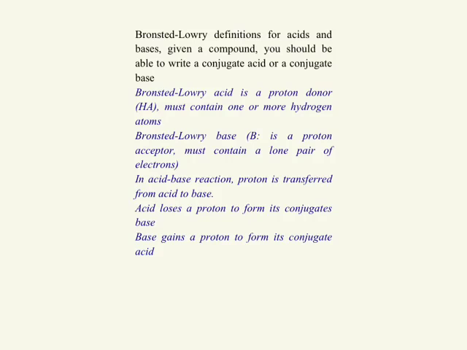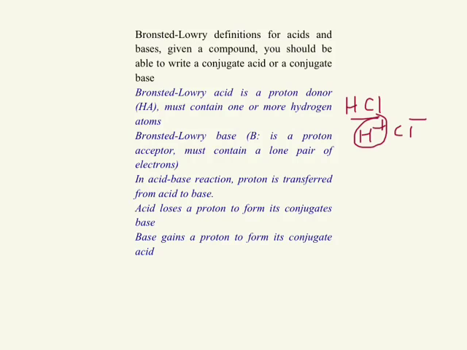Bronsted-Lowry acid is a proton donor, must contain one or more hydrogen atoms. So for example, HCl has proton. HCl is what? H plus and Cl minus. So it has H plus, means it can donate H plus. So it's a Bronsted-Lowry acid.